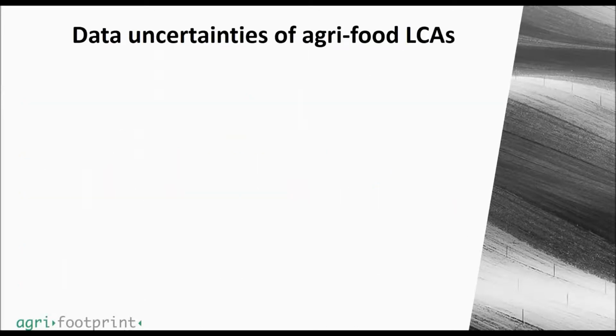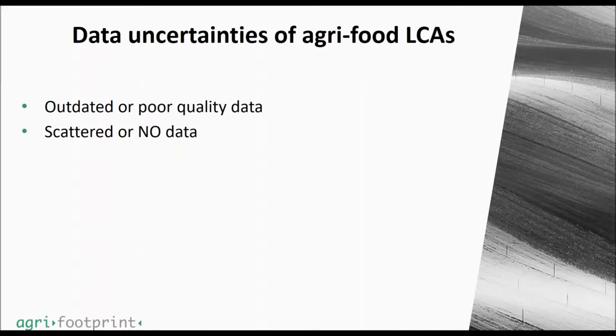And coming to the end of this presentation, I would like to mention a few data uncertainties that are rather common in agri-food LCAs. This has to do with outdated or poor quality data, scattered or no data.